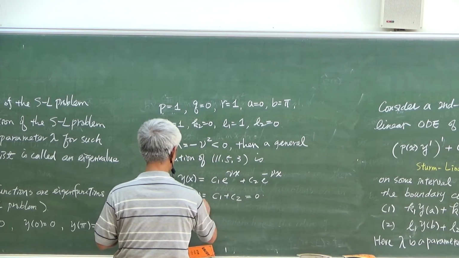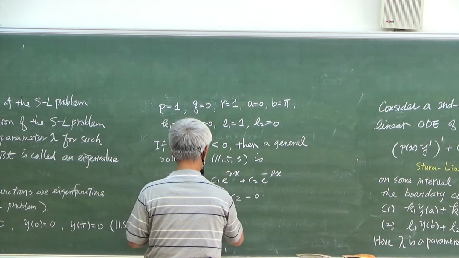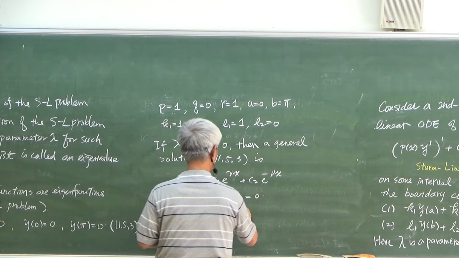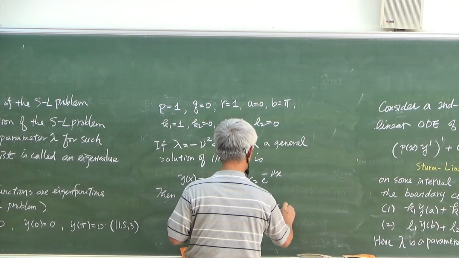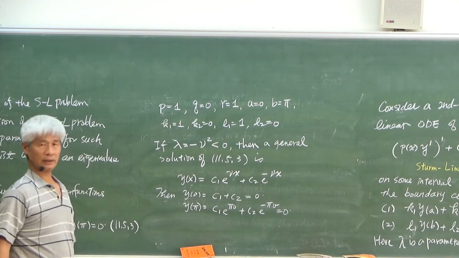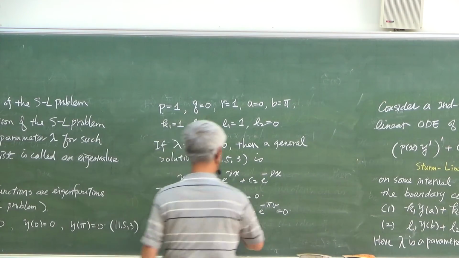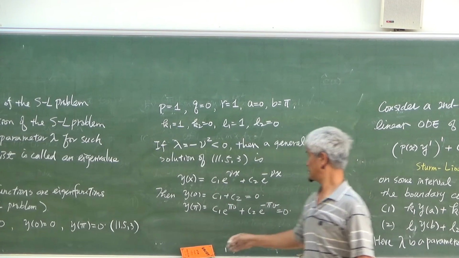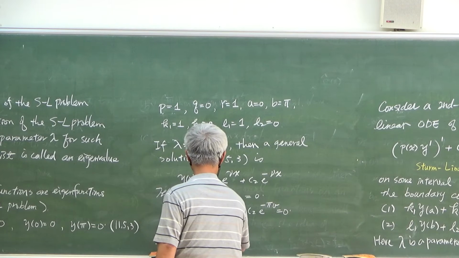And y(pi) is c1 e to the pi mu plus c2 e to the minus pi mu equal to 0. Now we have two equations to solve for these two constants c1 and c2.